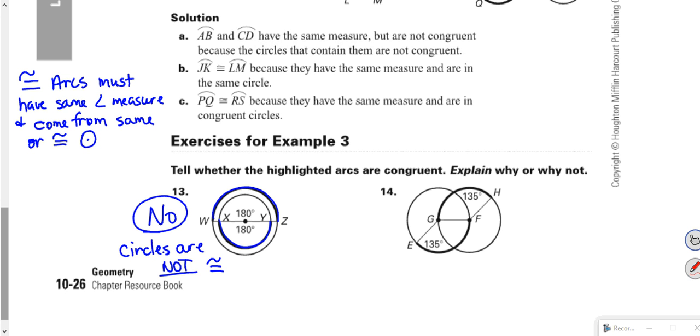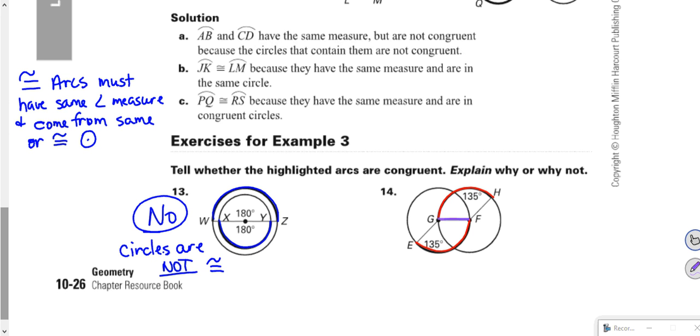Last one here. Again, highlighted. We're looking at this arc versus this arc. Now, looks like both of them have a 135-degree arc measure. Do they come from the same or congruent circles? And actually they do. If you notice here, this radius is the same for both circles.